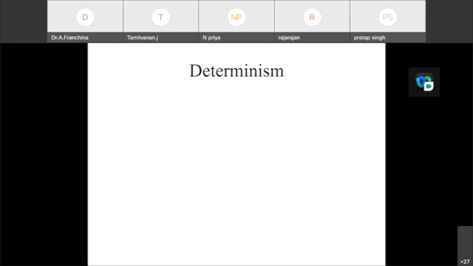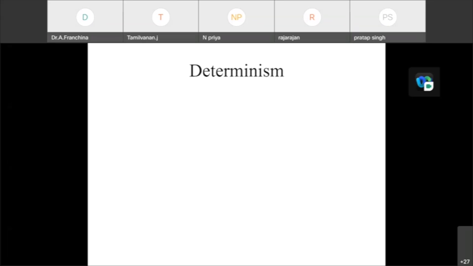I know this is a very interesting topic, but I don't know how you will take it. Determinism, possibilism, and neo-determinism is a very, very important thing, and we talk about it in environmental geography. First of all, you should know what this determinism is, the meaning of it, right?